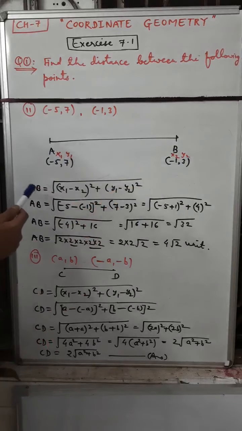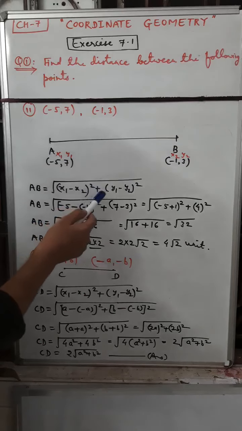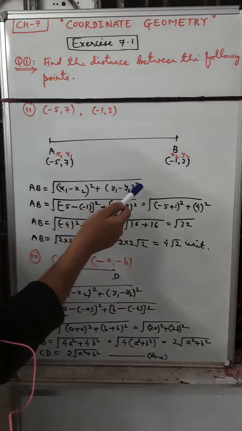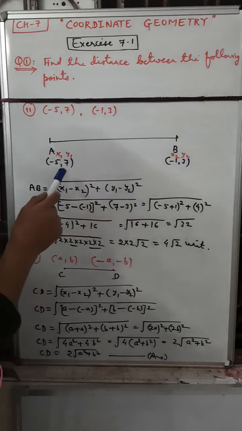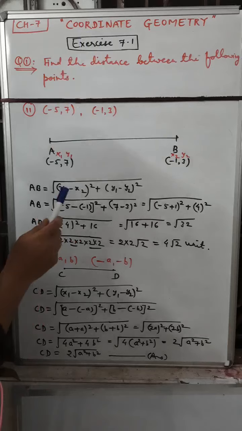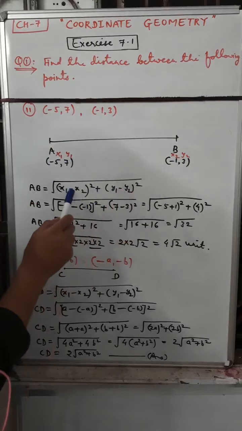We know the formula: AB is equal to x1 minus x2 whole square plus y1 minus y2 whole square, as we discussed previously in the introduction of coordinate geometry. So x1 is minus 5 and x2 is minus 1, but in both of them the minus sign will always be there.